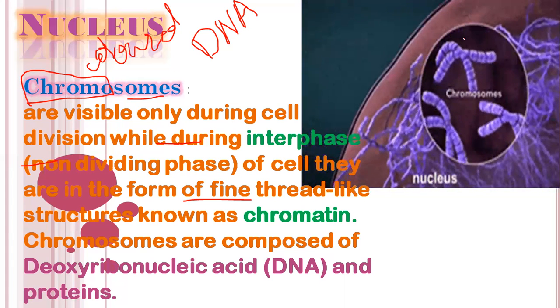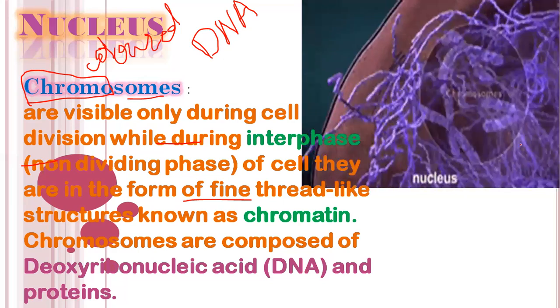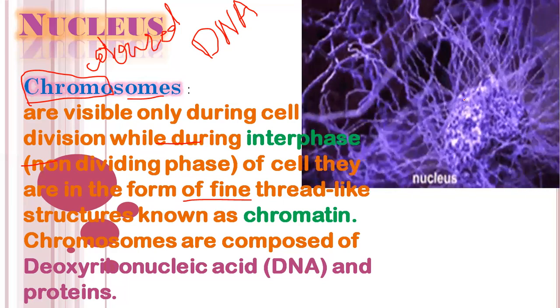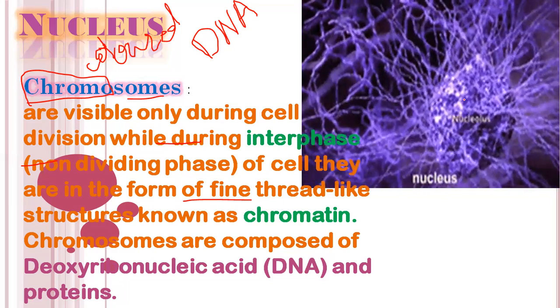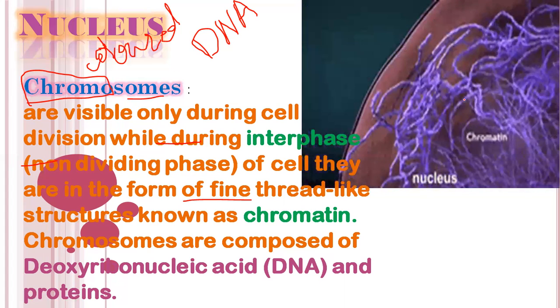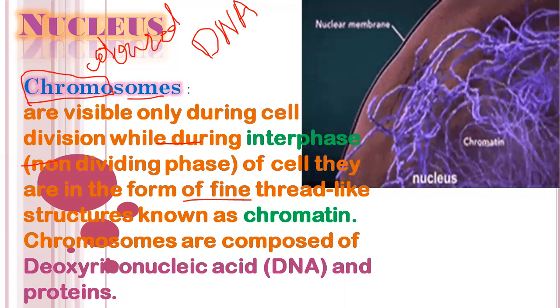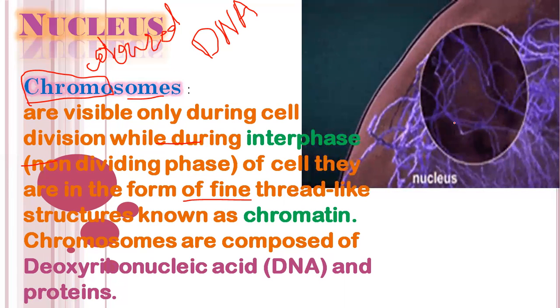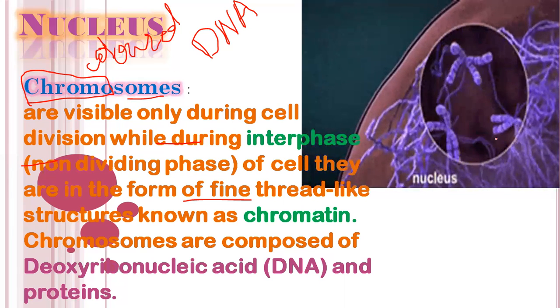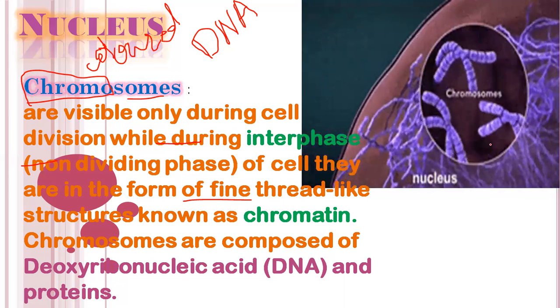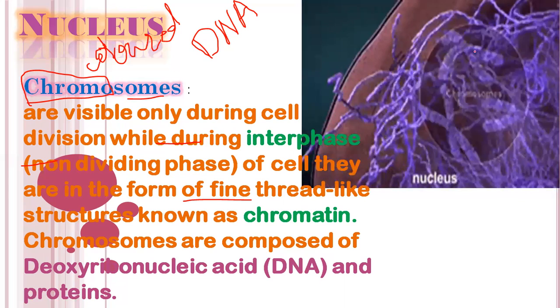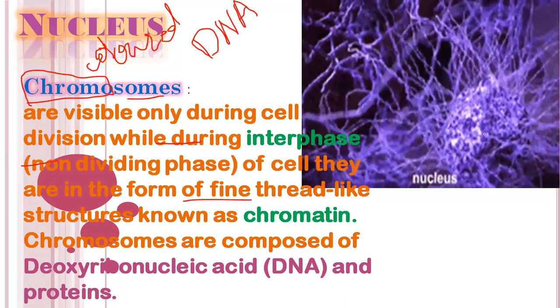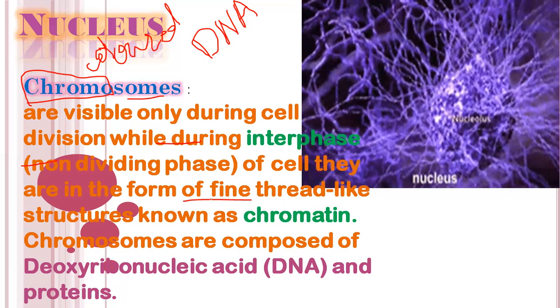These are called chromosomes. Before, these thread-like structures are called chromatin material, and when they are going to divide, they change into chromosome structure.